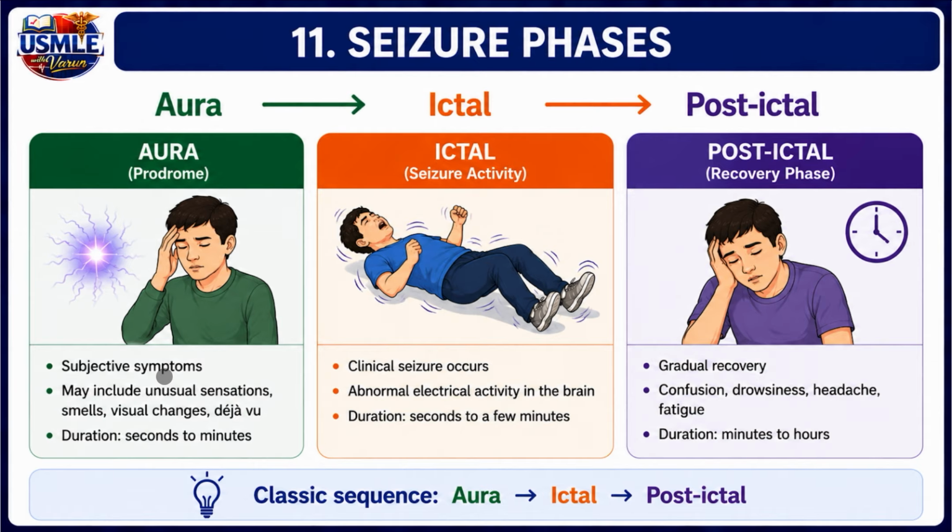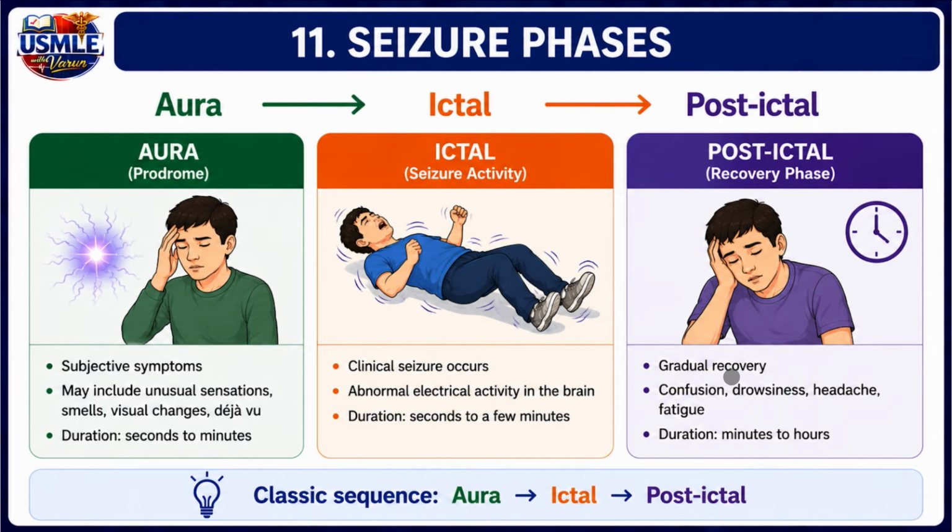This may include unusual sensations, smells, visual changes, and deja vu. Duration of this is about seconds to minutes, whereas ictal state is usually characterized by clinical seizure occurrence. There's abnormal electrical activity in the brain, and the duration of this is seconds to a few minutes.